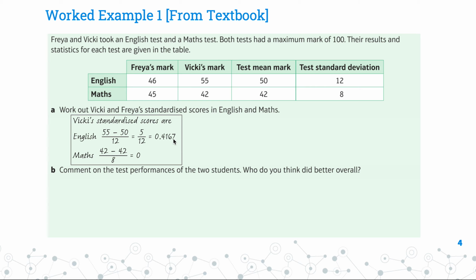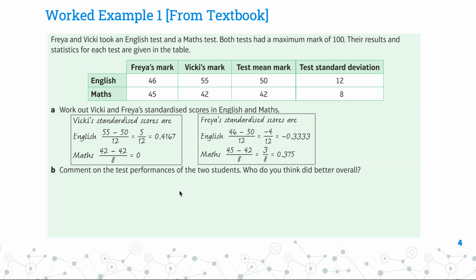Okay, 0.4167 standard deviations, that is. Her maths score was bang on the mean. She got 42 and the mean was 42. So that's a standardised score of 0. That doesn't mean it's really bad. Okay, negative scores are bad. 0 is sort of bang on where you should be, and any positive scores mean you're above the mean.